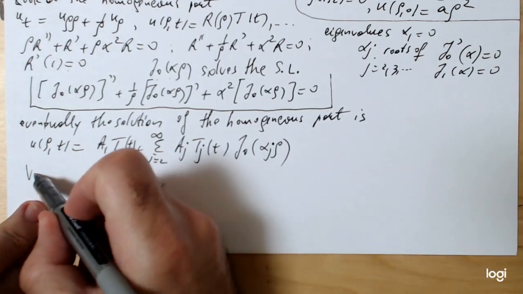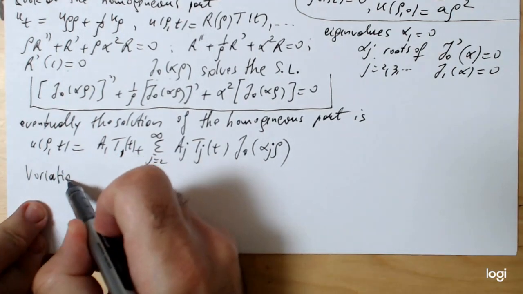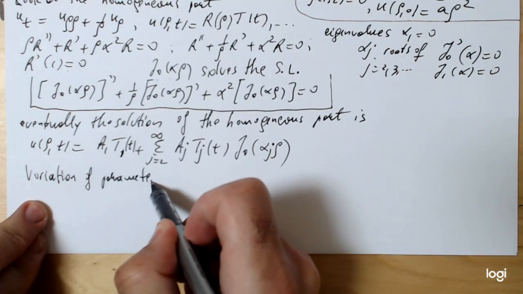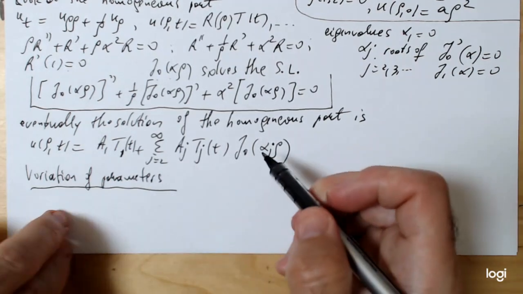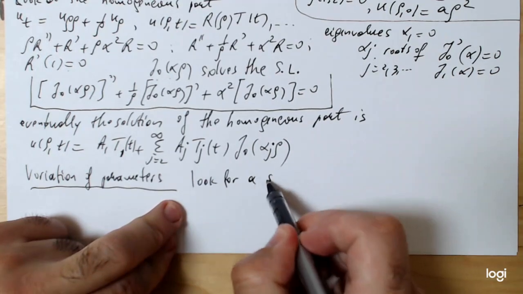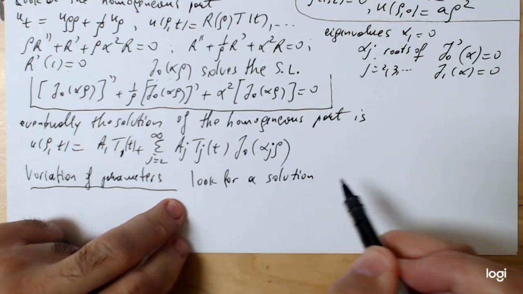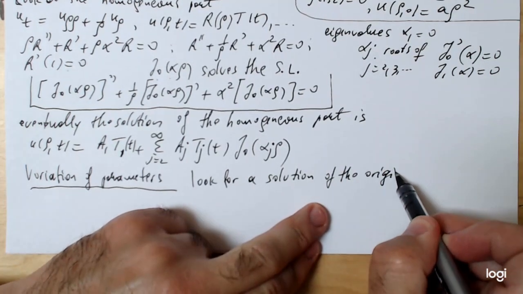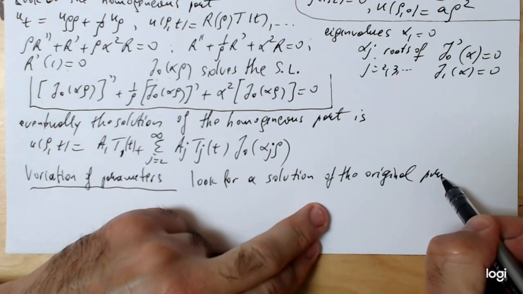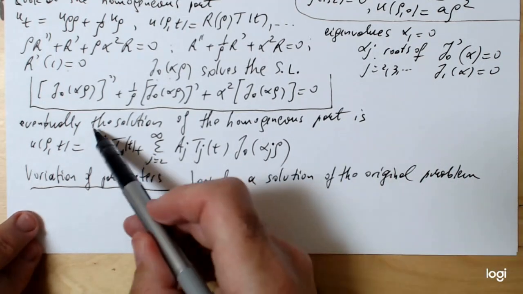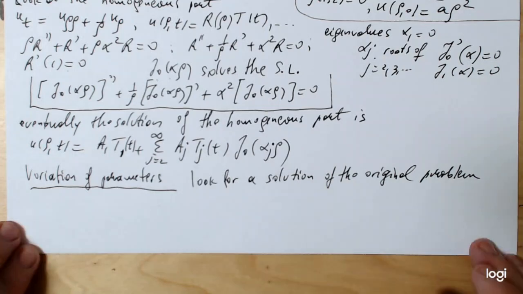According to the method, you're going to look for a solution of the original problem in the form of the same series, but with coefficients in t yet to be determined.